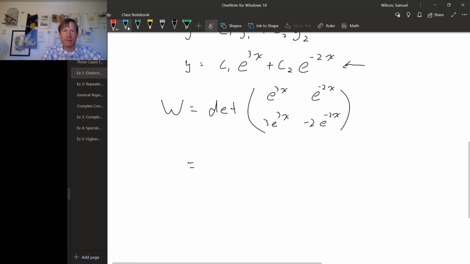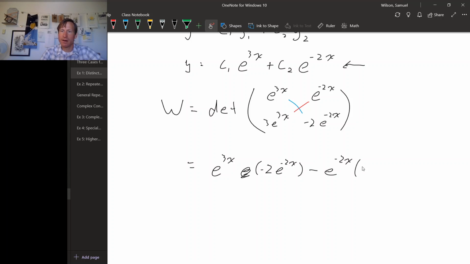The product on the forward diagonal, e to the 3x times minus 2e to the minus 2x, and then minus the reverse diagonal, so minus e to the minus 2x times 3e to the 3x.